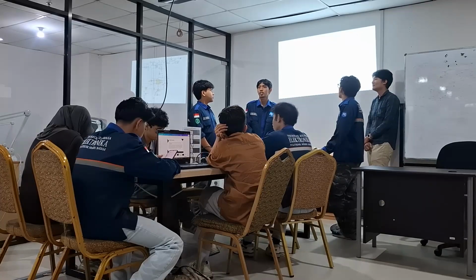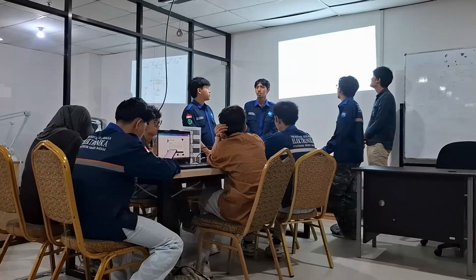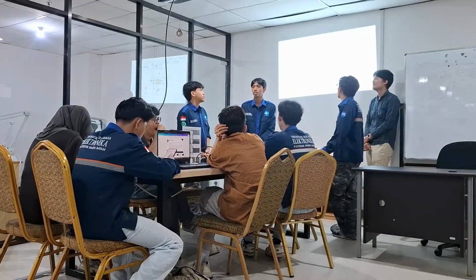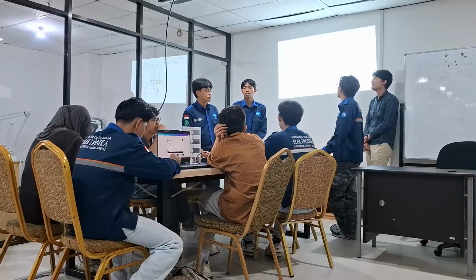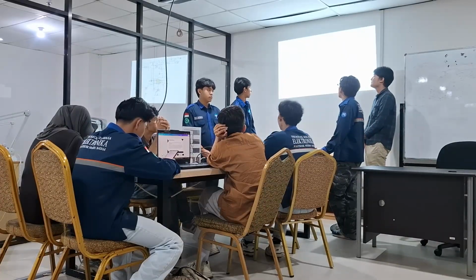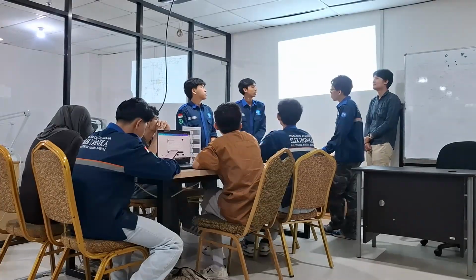The bridge rectifier consists of 4 diodes. It converts the AC voltage to DC voltage, and the result is a stable and high DC voltage output. And then the last is the main converter.